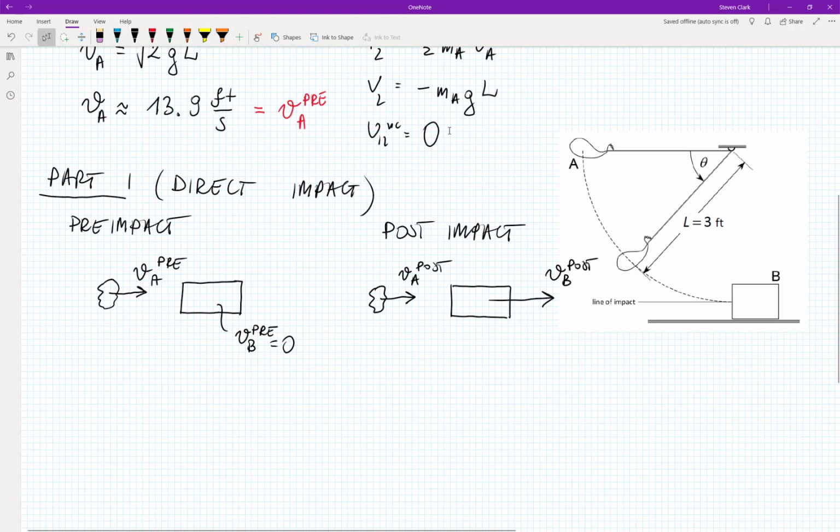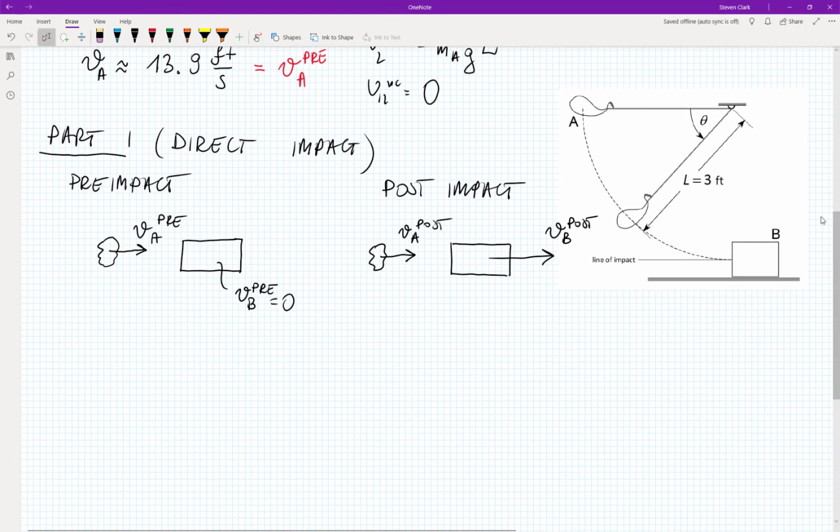Okay. And these are our unknowns. I will mark unknowns with red. We don't know this value. And we don't know this value.